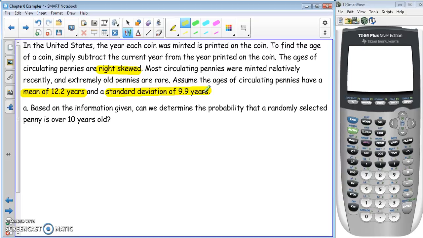Up until this point, we only know how to work with things that are normally distributed, and we don't have a sample size or anything like that. Since they're right skewed, we cannot work with this.